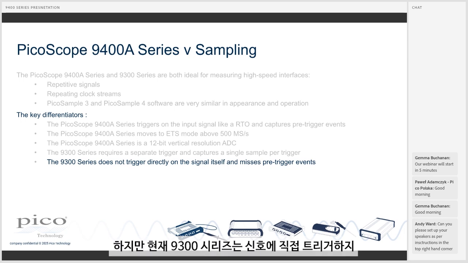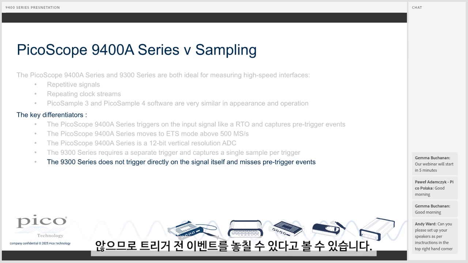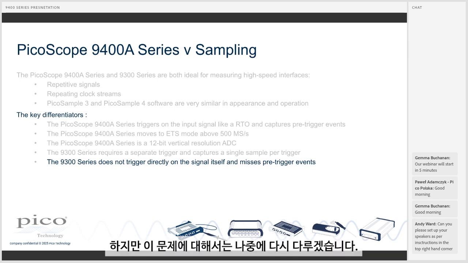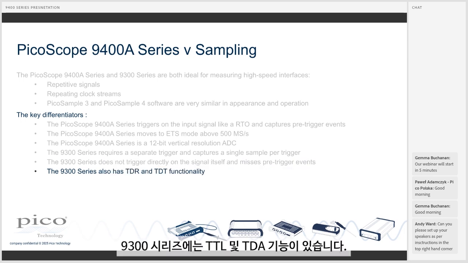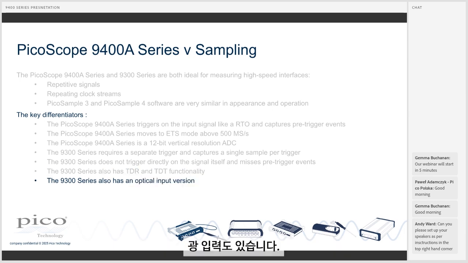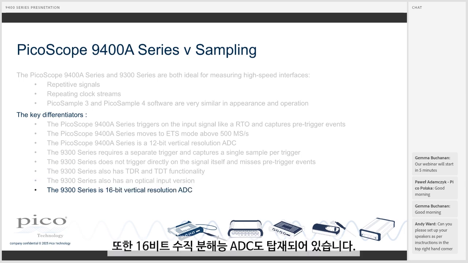But for now, the 9300 series does not trigger directly on the signal, and we can take it that it misses pre-trigger events. But watch this space on that one, we'll come back to it. The 9300 series has TDR and TDT functionality. We also have an optical input. It has a 16-bit vertical resolution ADC as well.